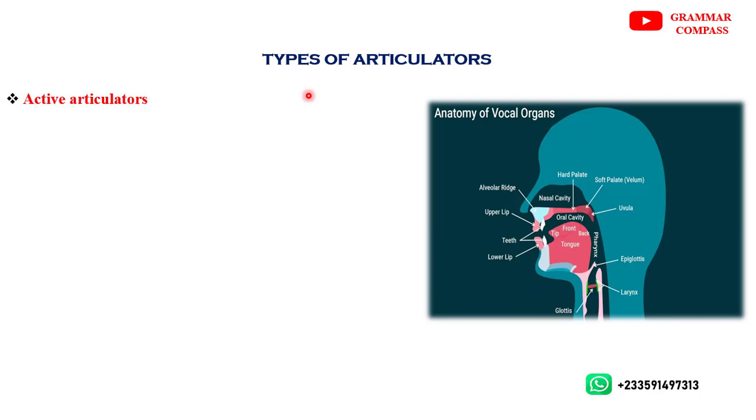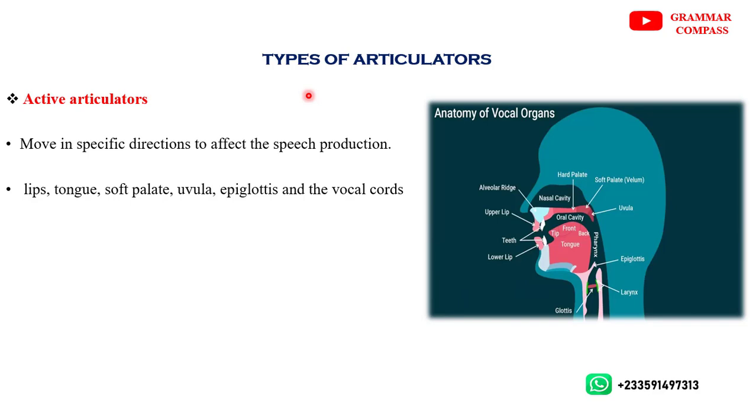So first of all, we will have the active articulators. They are the movers. They actually change position to shape the sounds that you produce. So what are these active group members who always do the assignments for you? They are the lips, the tongue, the soft palate, uvula, epiglottis, and the vocal cords.